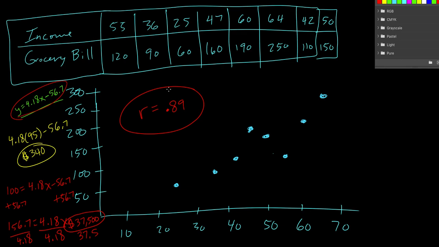So since our R value was 0.89, and if we go back to page 456 and we look at 0.89, that says we have a strong positive correlation. And so since we have a strong positive correlation, that means that this line is actually a pretty good predictor of future data or stuff that we didn't actually collect. And so I would say that those are both extremely reliable.